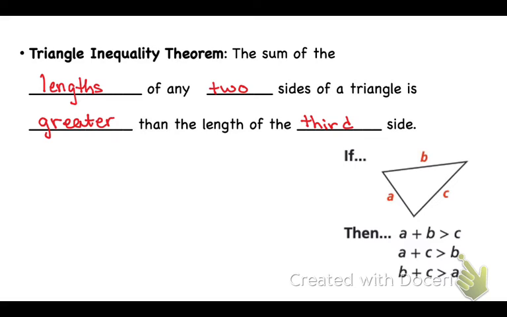So what that means is if I take A plus B, it better be bigger than C. A plus C has to be greater than B. And B plus C has to be greater than A. You have to do all three. You have to check all three to see if it's a triangle. You can't just check one group of that.